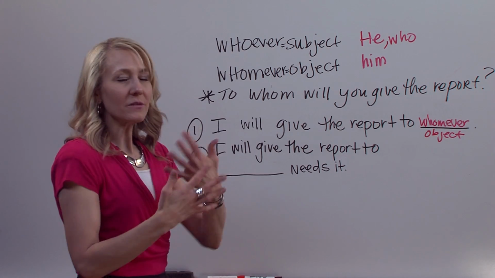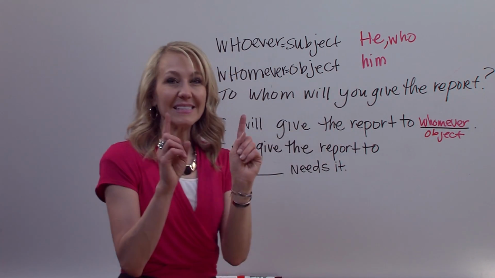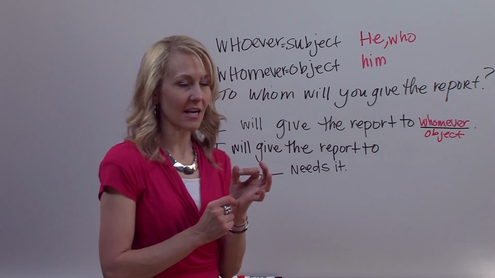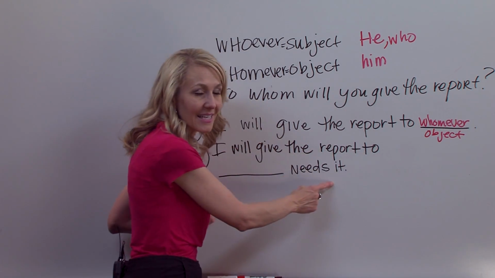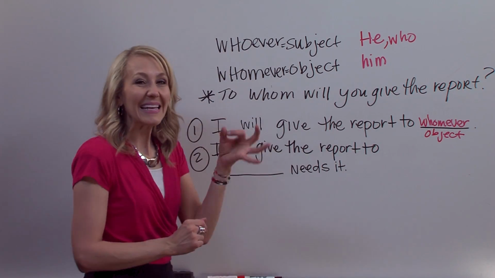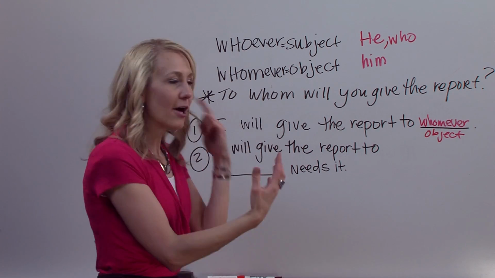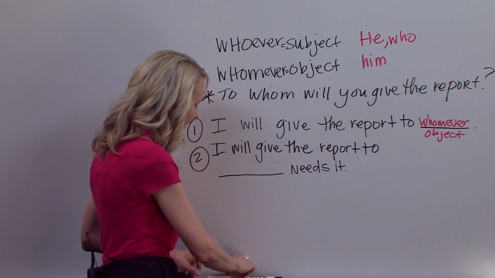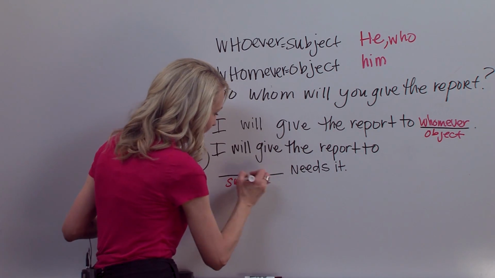In most cases, the he-who test is going to give me the answer. So I will give the report to him needs it, or I will give the report to he who needs it. He who clearly helps my ear hear that this word is actually in the subject position.